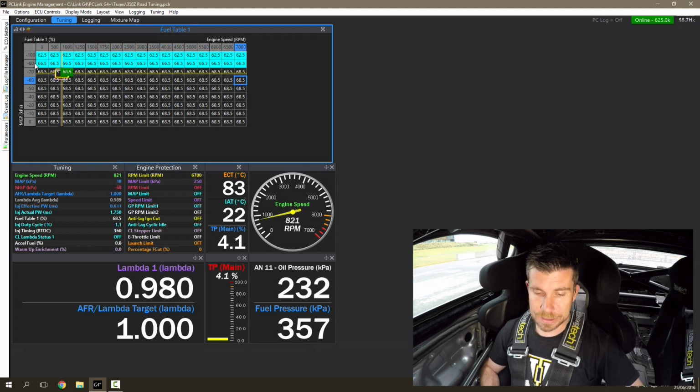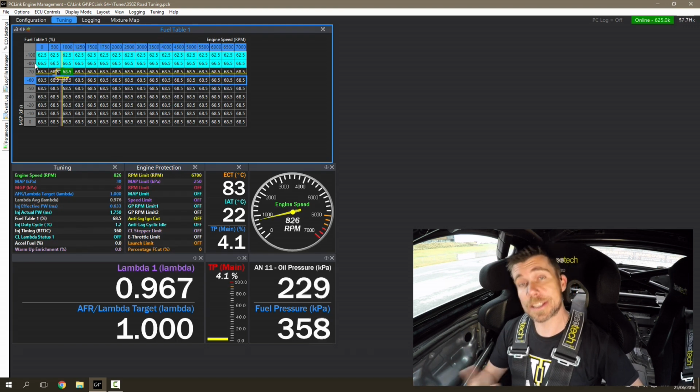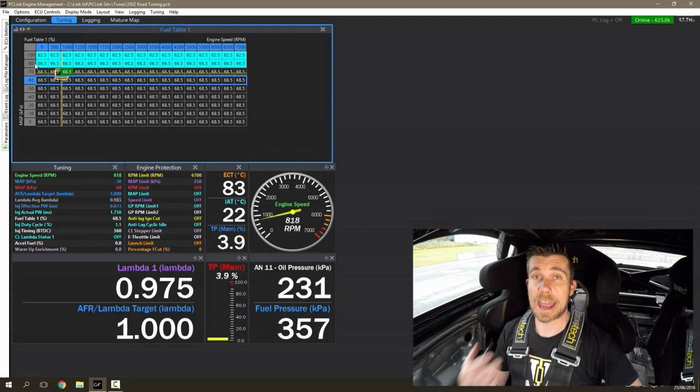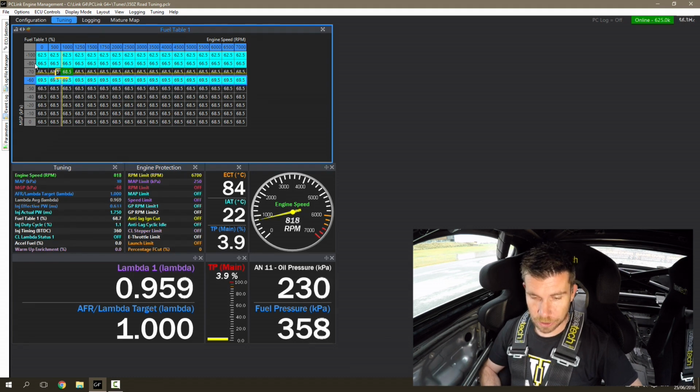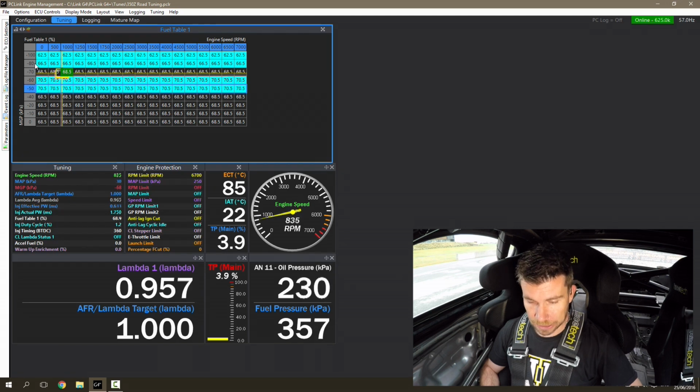And we're going to do the same as we increase the load, so as our manifold pressure moves towards atmospheric pressure, a 0 kPa gauge or 100 kPa absolute. So again, we're just going to make a 2% change per 10 kPa, and we don't need to be particularly accurate here.